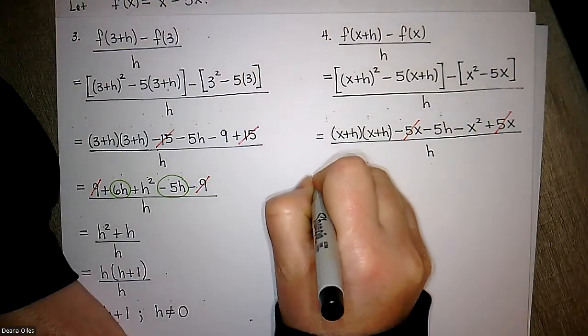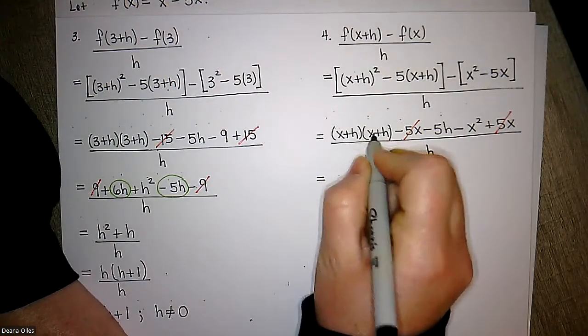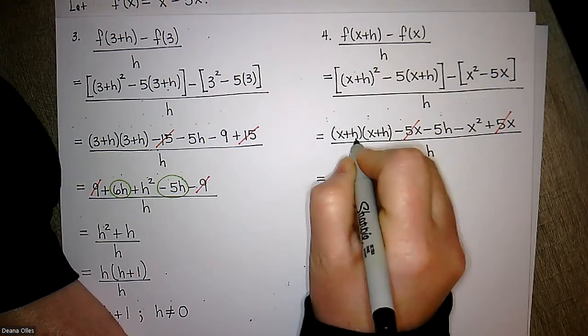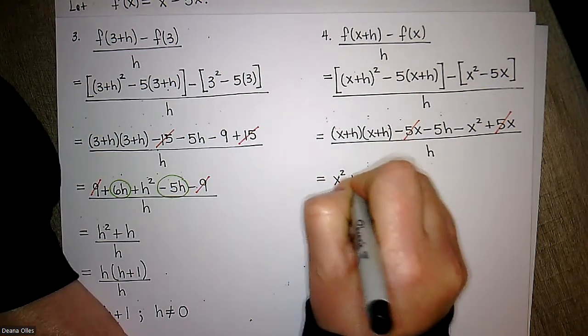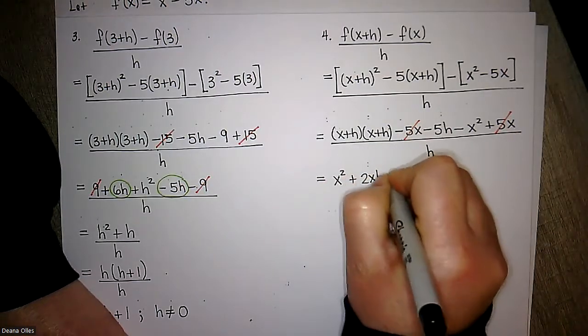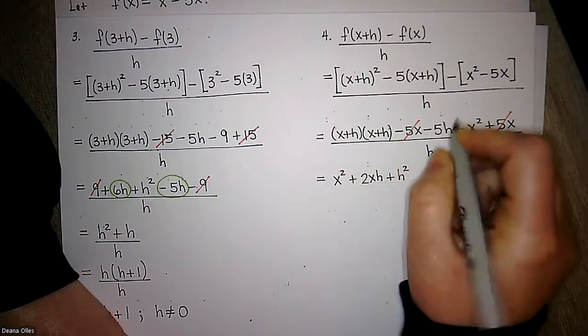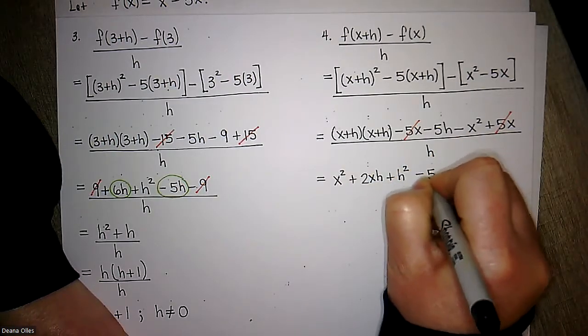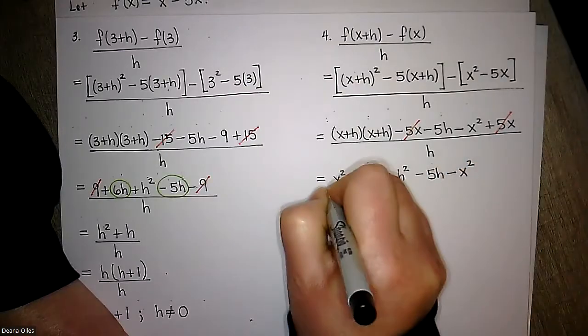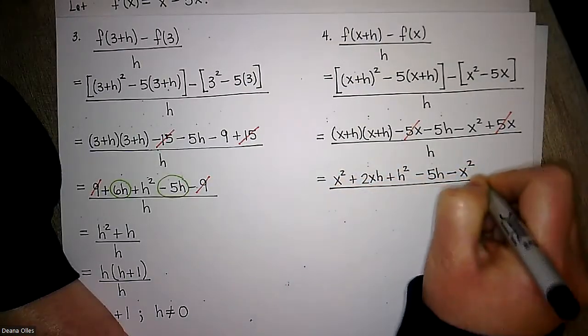All right, our distribution process here. X times x, so x squared, plus xh plus another xh. So there's two of those. Plus h squared. We're left with minus 5h here and minus x squared, all over h.